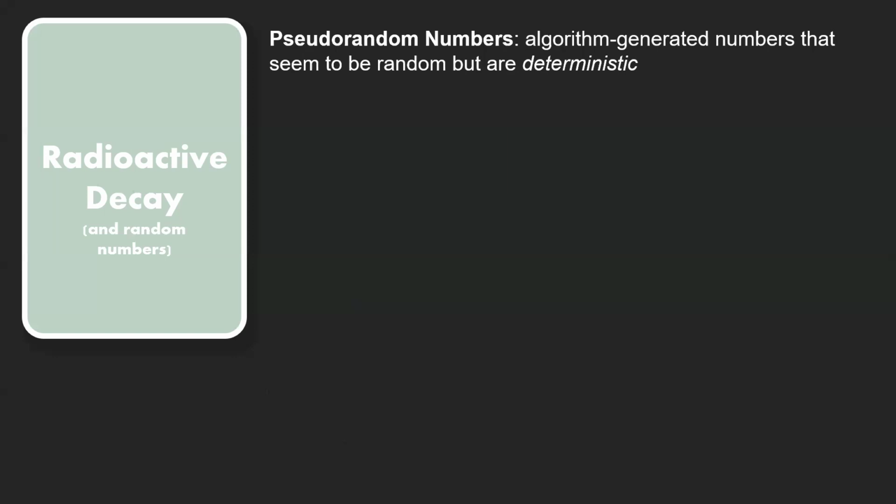Now, we have pseudo-random numbers, which are algorithm-generated numbers that actually seem to be random, and we can do statistical tests to confirm that they seem to be random, but are actually determined by these equations. So we can actually figure them out if we know what the equations are. So they are deterministic.